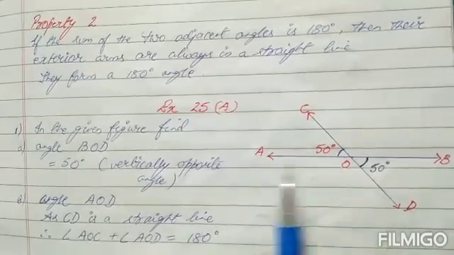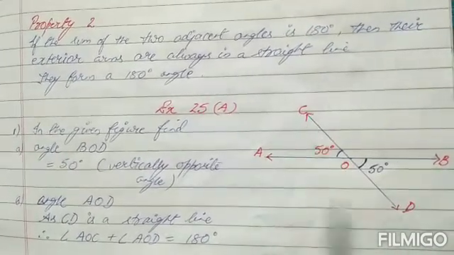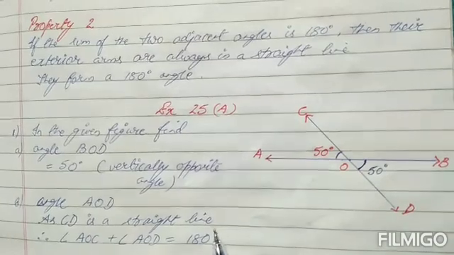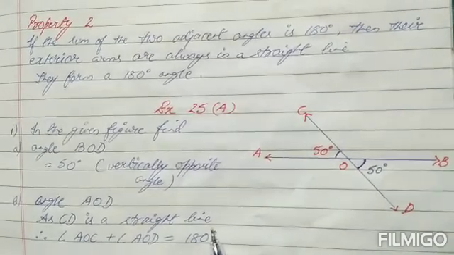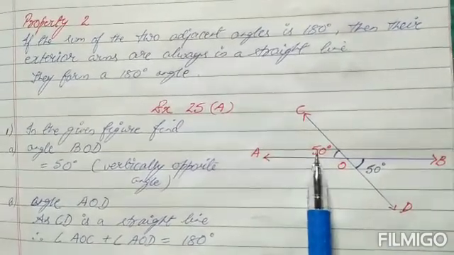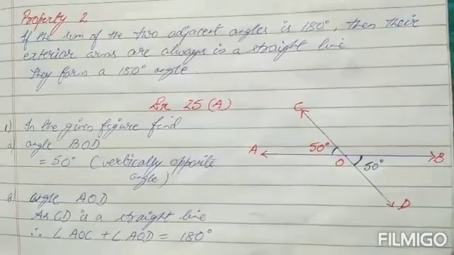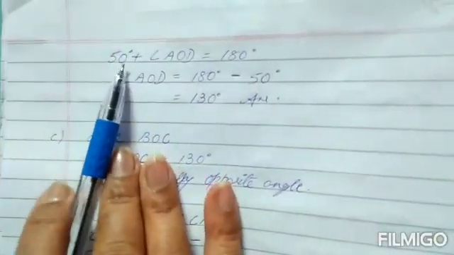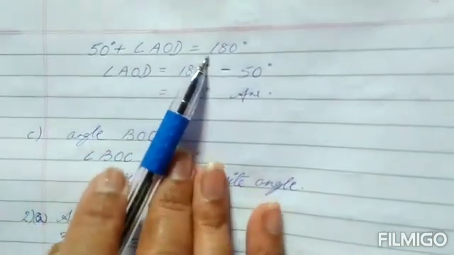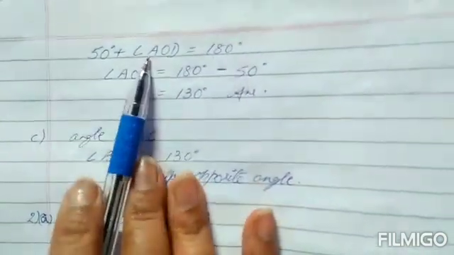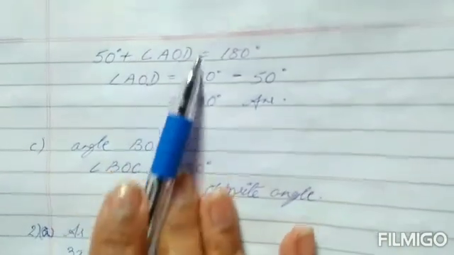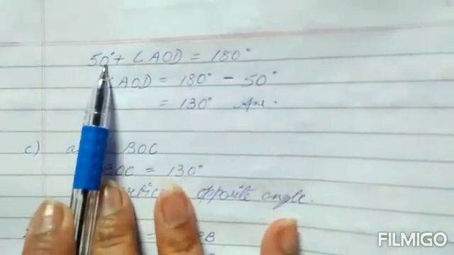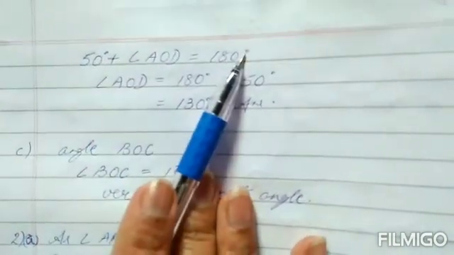So we start with this. Angle AOC and AOD is equal to 180. Therefore, we will put the value of AOC, which is 50, which is given in the question to us. Putting the value of the angle, 50 plus AOD is equal to 180. Now we have to calculate the value of angle AOD, children. So I need to remove this 50 from this side and take it on the other side of 180 degrees.